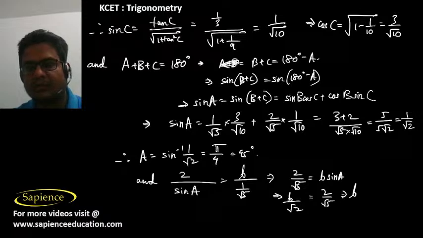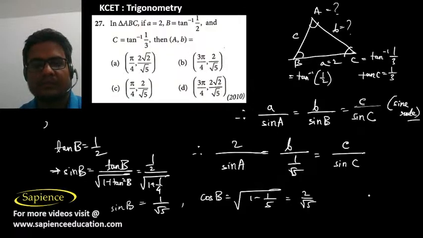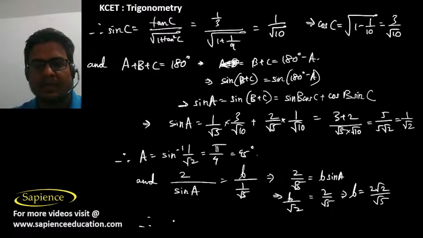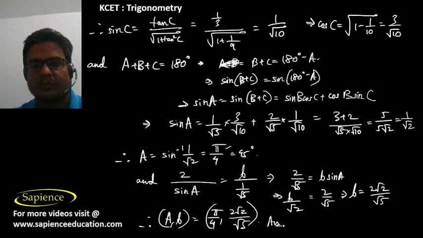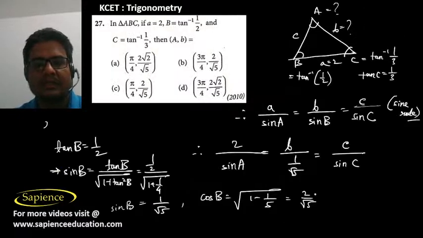So B is equal to 2 root 2 by root 5. Therefore A is pi by 4, and the values of A and B are pi by 4 and 2 root 2 by root 5. So this is the answer. So option A is the correct answer.